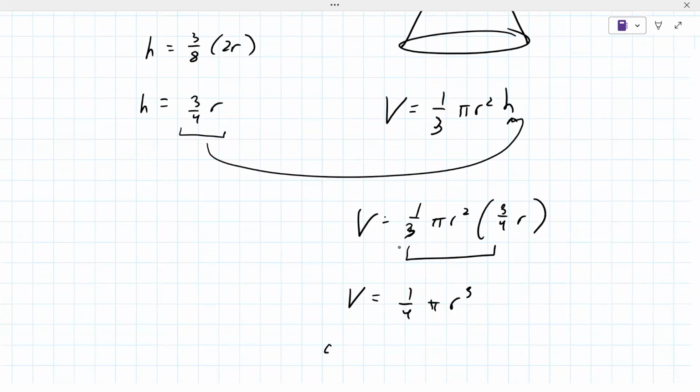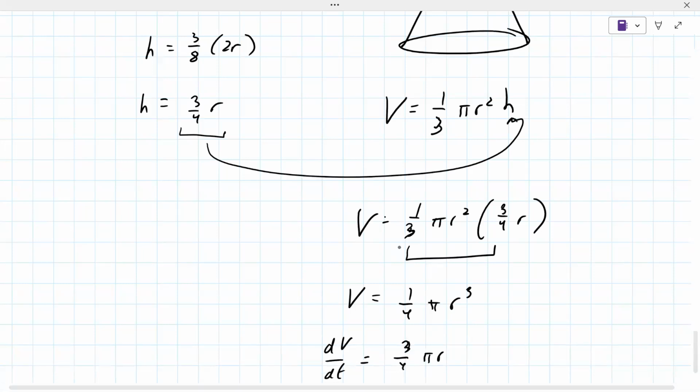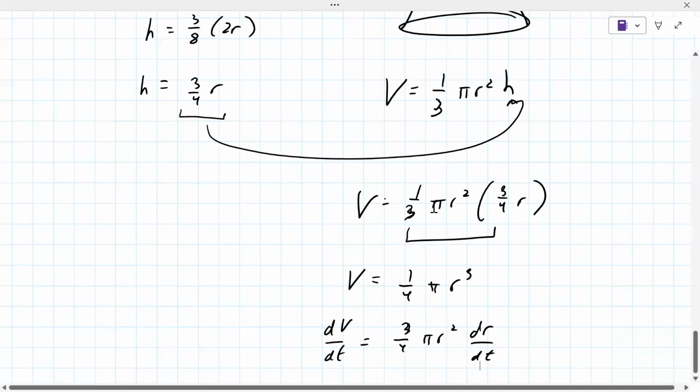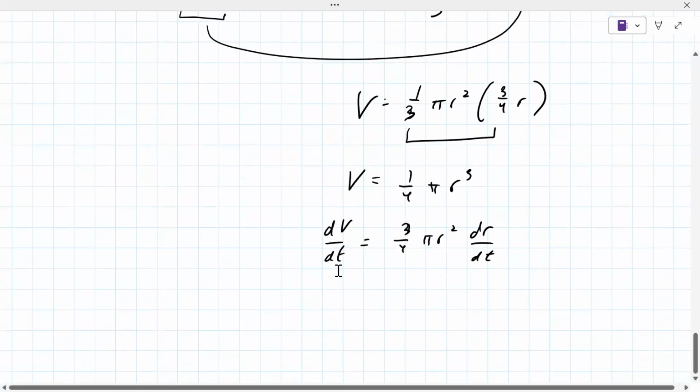And now you're ready to take a derivative. dV/dt equals 3/4 pi r squared dr/dt. So we can solve for dr/dt in this problem because we're given dV/dt.